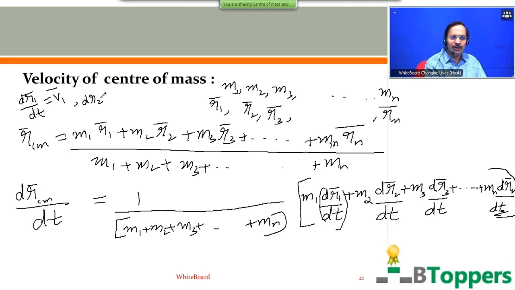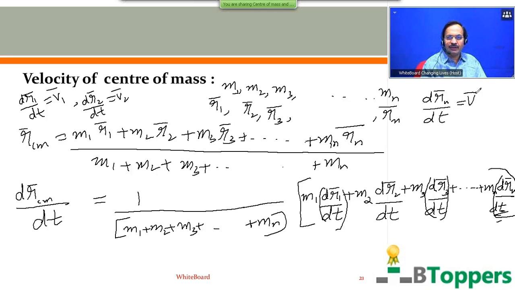Similarly, dr2 bar by dt can be written as V2 bar, where V2 bar is the linear velocity vector of the second particle of mass m2. The same way dr3 bar by dt can be written as V3 bar, the linear velocity vector of the third particle of mass m3. And drn bar by dt can be written as Vn bar, which represents the linear velocity vector of the nth particle of mass mn.